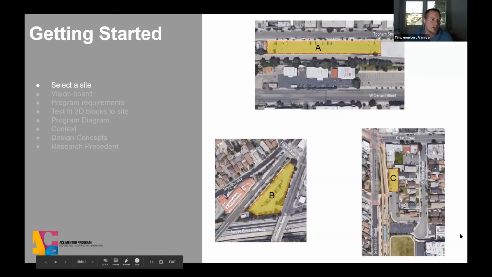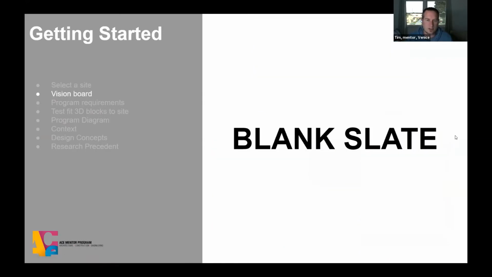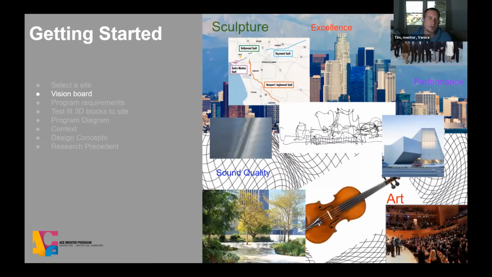So first thing we're going to talk about is selecting a site. By now, hopefully you've selected a site, maybe not, but that should be priority one today. Your team should have a site selected early today and move on and start doing the next steps, which are a blank slate. We all know, we've all talked about in the fall about a vision board and creating some ideas and putting some things together of anything.